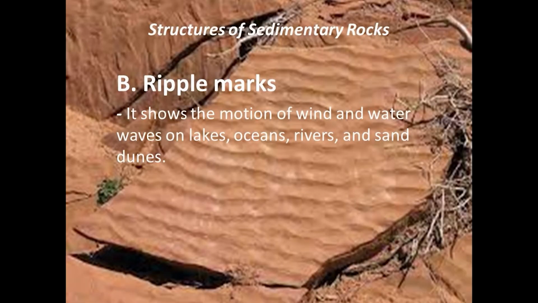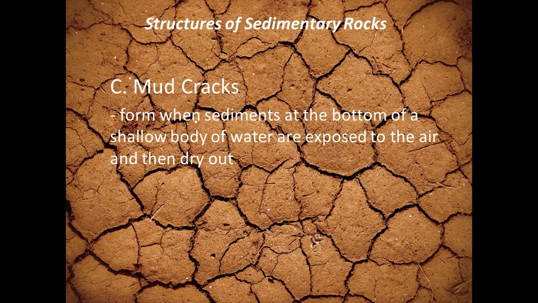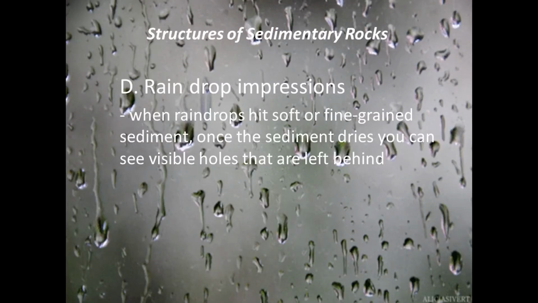Next are the ripple marks. They show the motion of wind and water waves on lakes, oceans, rivers, and sand dunes. Next are the mud cracks. They are formed when sediments at the bottom of a shallow body of water are exposed to the air and then dry out. Last are the raindrop impressions.